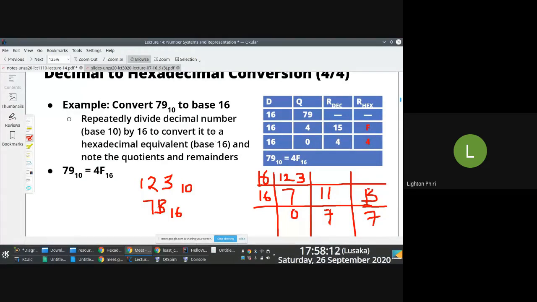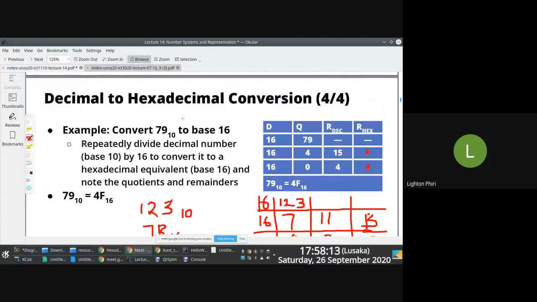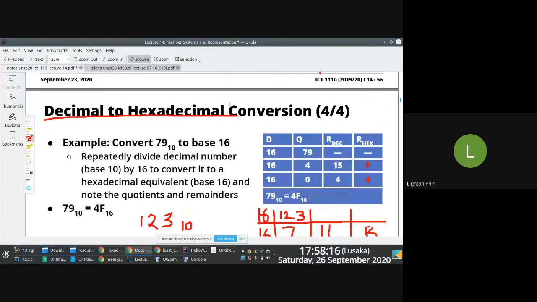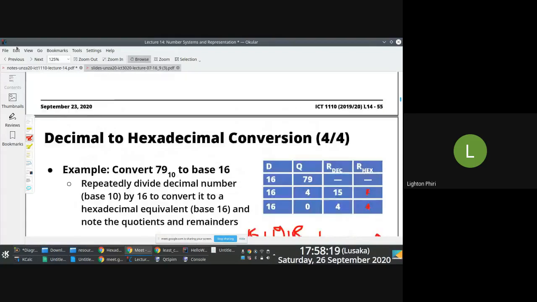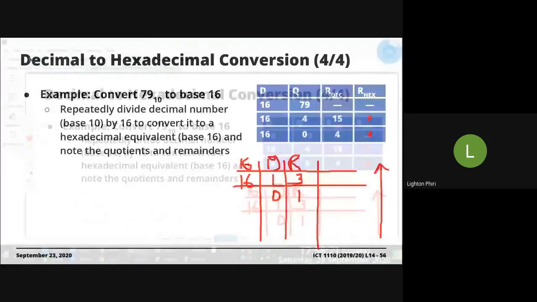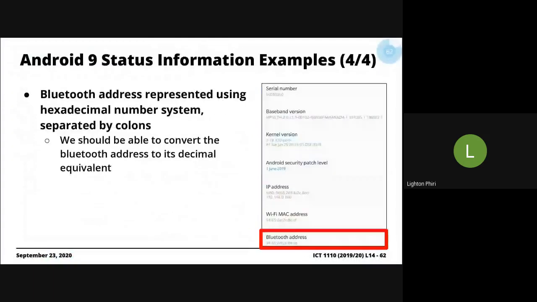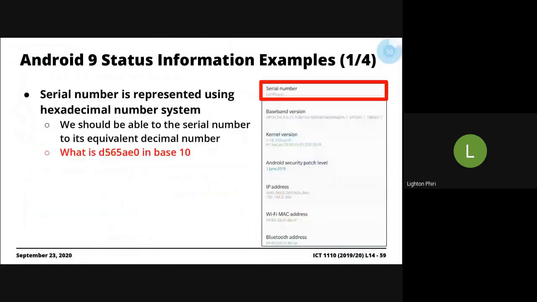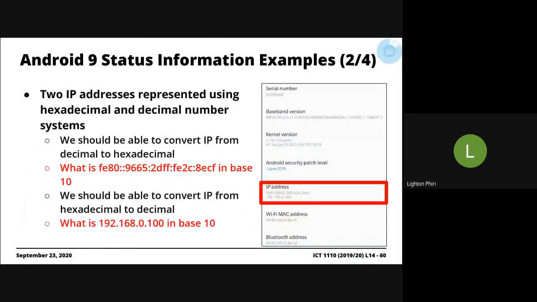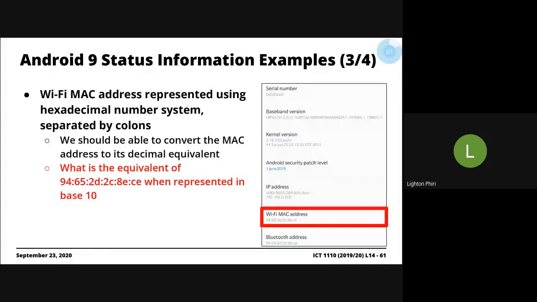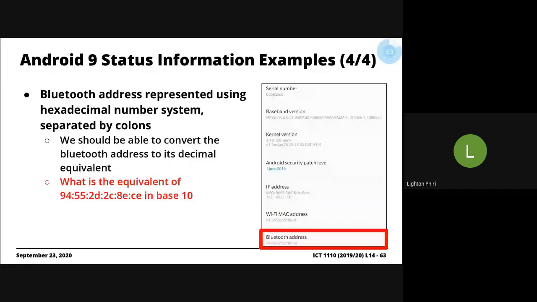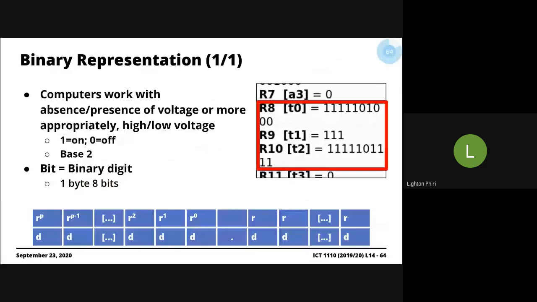But between now and tomorrow, make sure that you get the decimal to hexadecimal conversion and the hexadecimal to decimal conversion by working through some of these problems that I highlighted here, these mark addresses. So beginning slide number 59, 60, 61, see if you can work through these problems, right? That'll be good. And then tomorrow we can start binary representation.